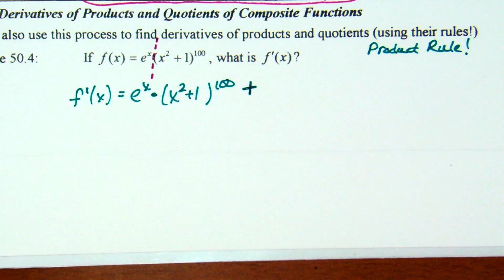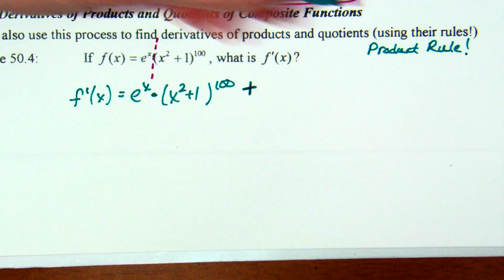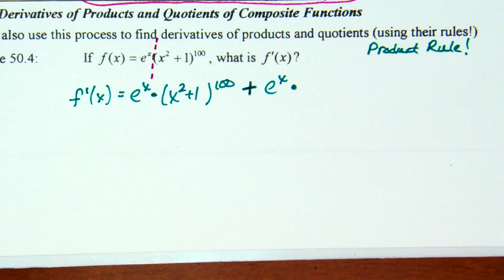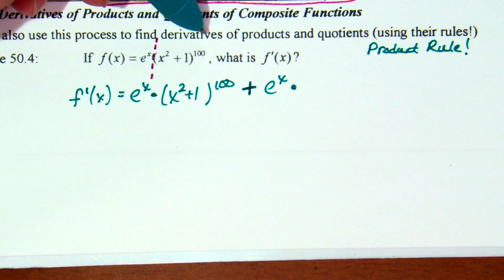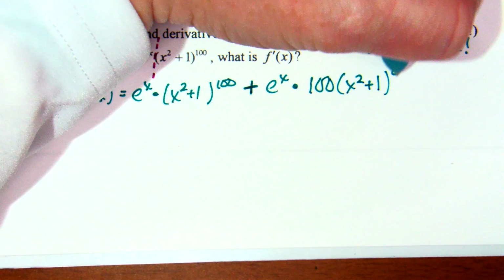Last time it was derivative of e to the x, keep the second part. This time we're going to keep the first part, so we keep the e to the x, times the derivative of (x squared plus 1) to the 100th. Similar to what we just did before, it's something raised to the 100th, so that's going to be 100 times the something raised to the 99.